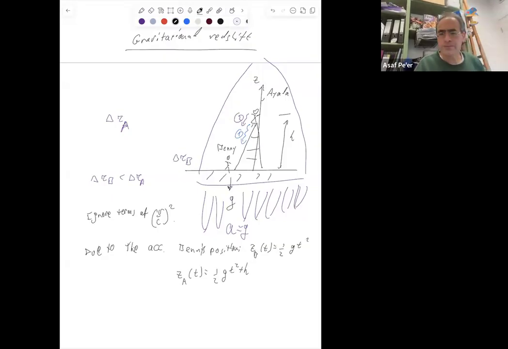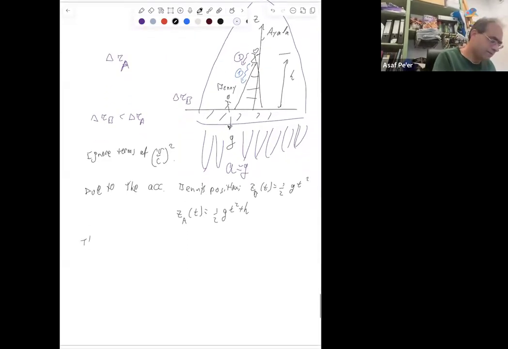Now remember, when we speak about special relativity, we always speak about events. So the first event is that Ayala sends the first photon, which without loss of generality can happen at t equal to 0. And the second event is that Benny receives the first photon. This happens at t1.